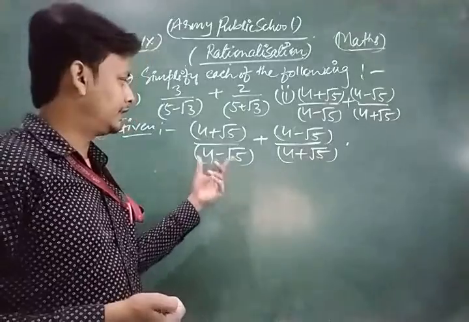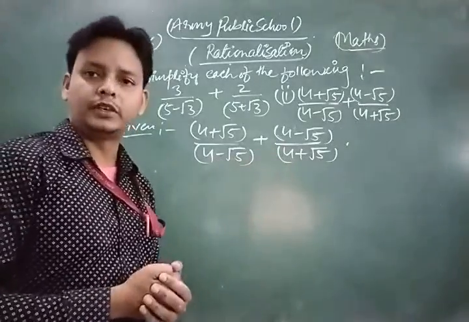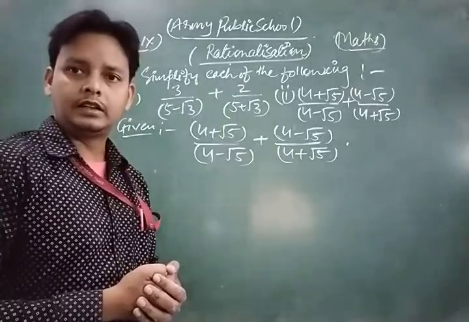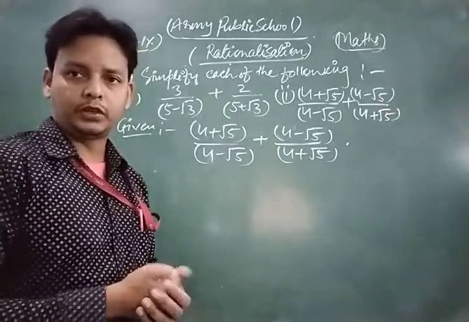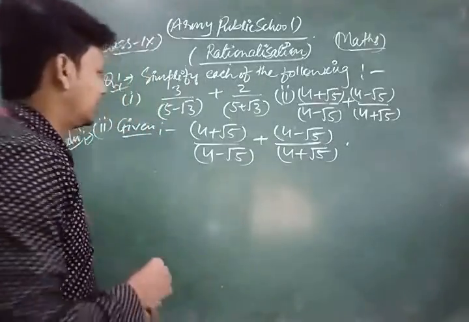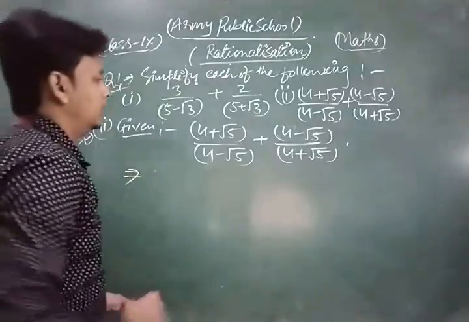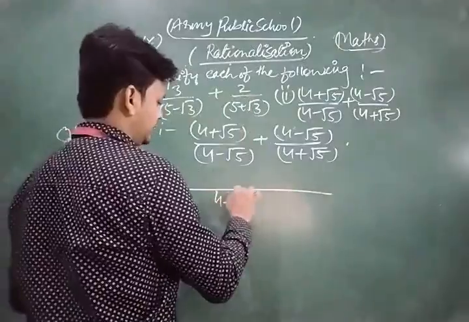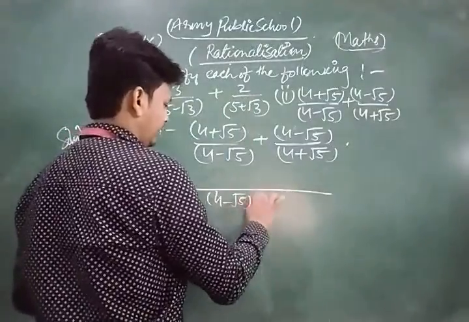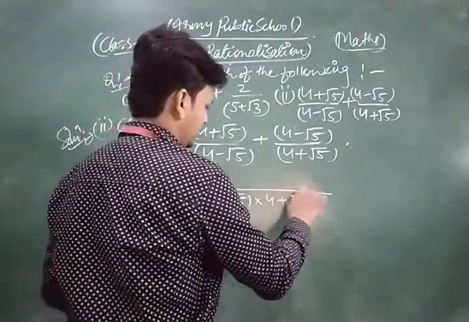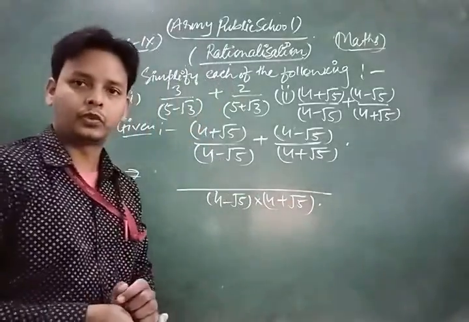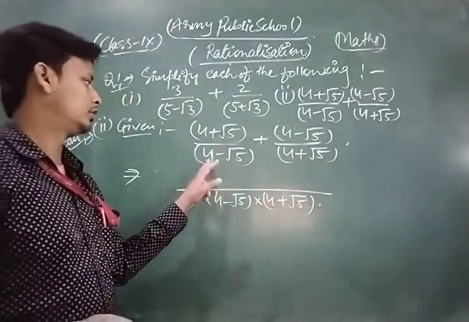First of all, we take the LCM of their denominators. So the LCM of the denominators is 4 minus root 5 into 4 plus root 5.